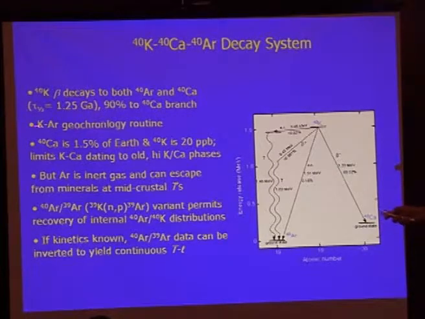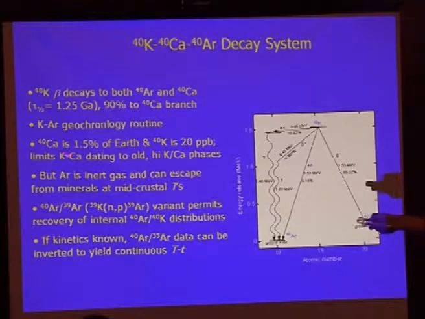So this potassium argon dating, or the 40/39 variant I'll get to in a sec, this is routine, despite being, as I say, only 10% of the decays. What's the problem? Well, calcium 40 is about 1.5% of the entire mass of the planet. So we're rotten with calcium 40. Seeing a radiogenic contribution to calcium 40 in most Earth materials is going to be difficult.